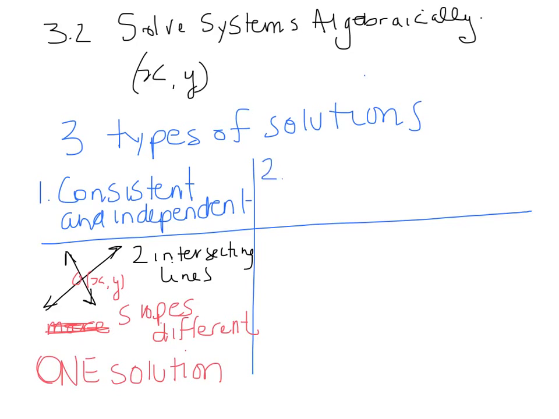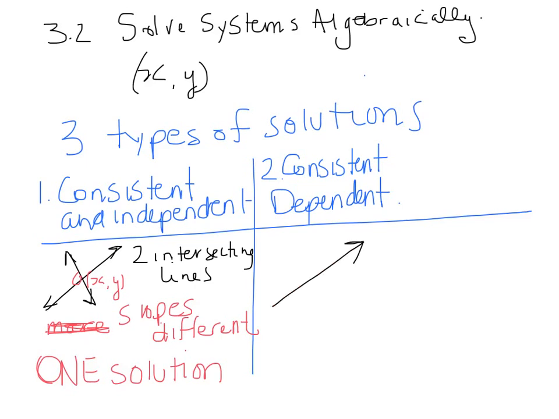Sometimes it happens where you have consistent but dependent, okay? Let's give an example of what this is. This happens when you graph one line. Okay, that looks all good. You come back and you graph the second line and you say, oh, it's right on top of it. It's actually the same line.